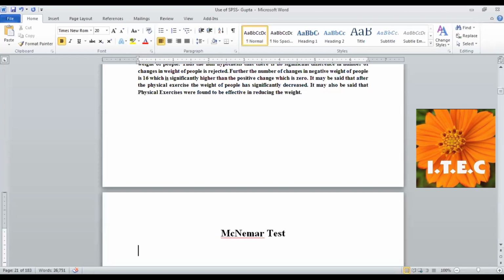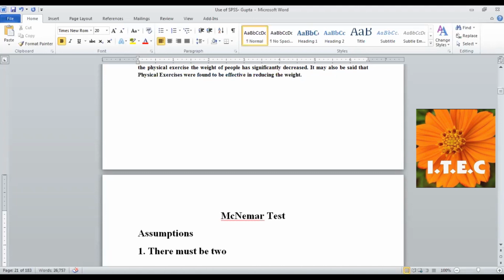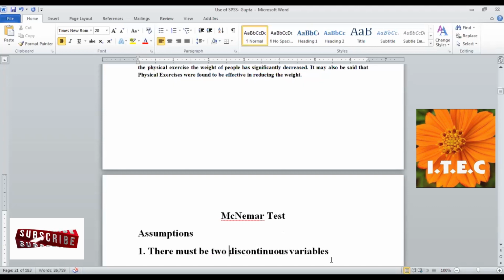As we have been talking about the assumptions, one of the assumptions is that there must be two dichotomous variables, and this dichotomous variable means, for example, pass and fail.